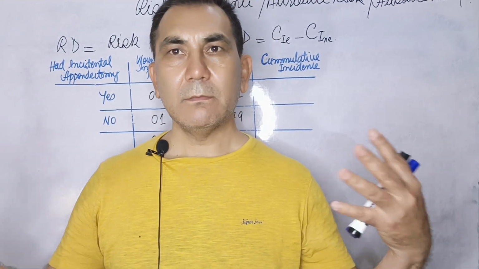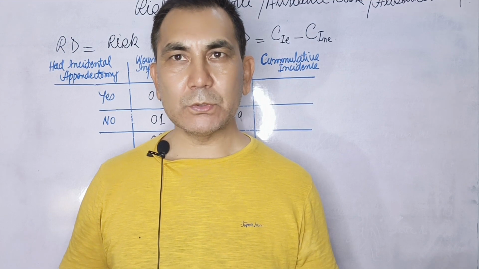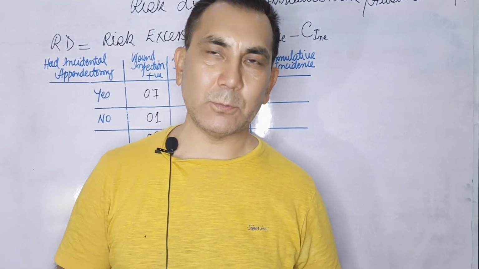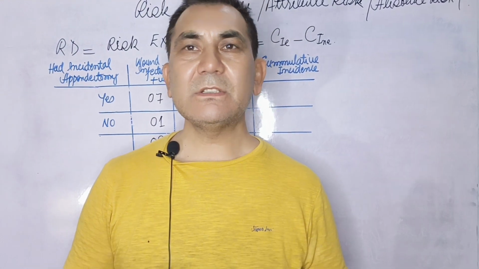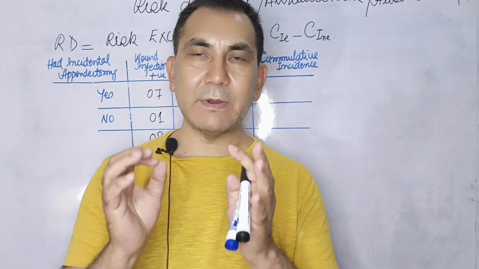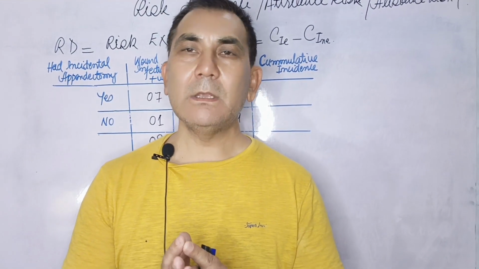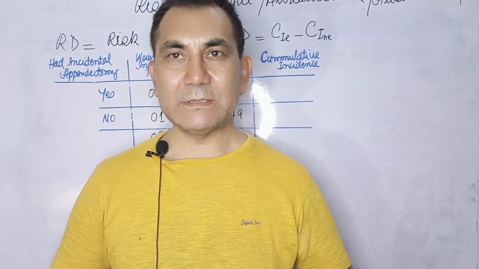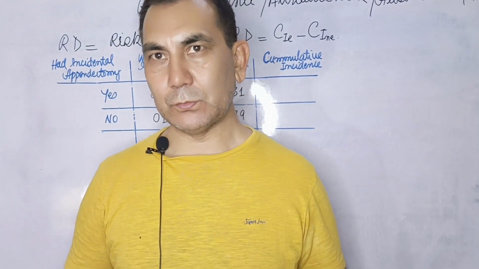It means the risk in the exposed group as compared to the risk in the non-exposed group. The risk difference actually calculates the risk excess. This means how much risk magnitude is present in the exposed group.